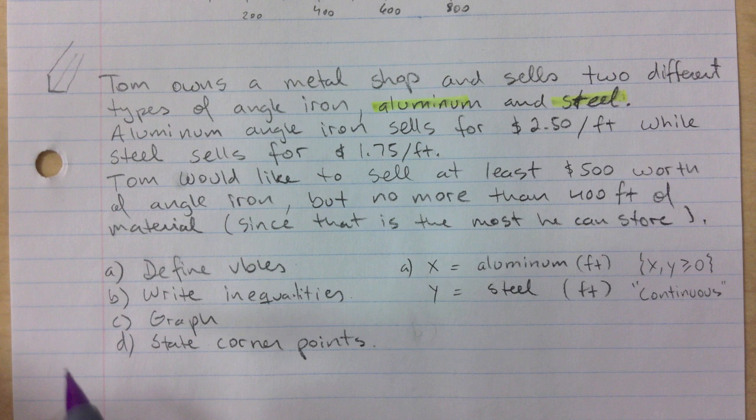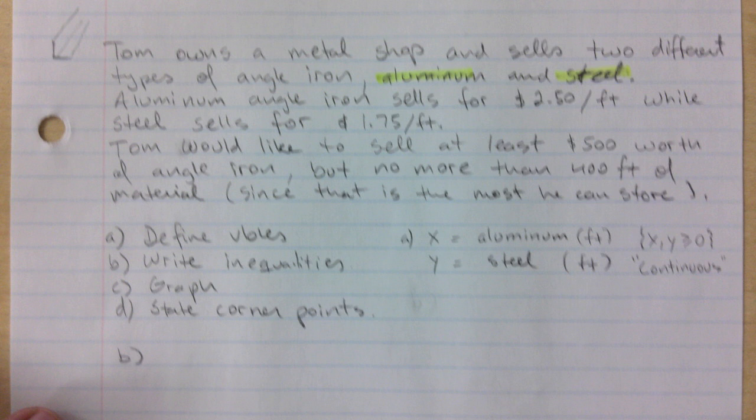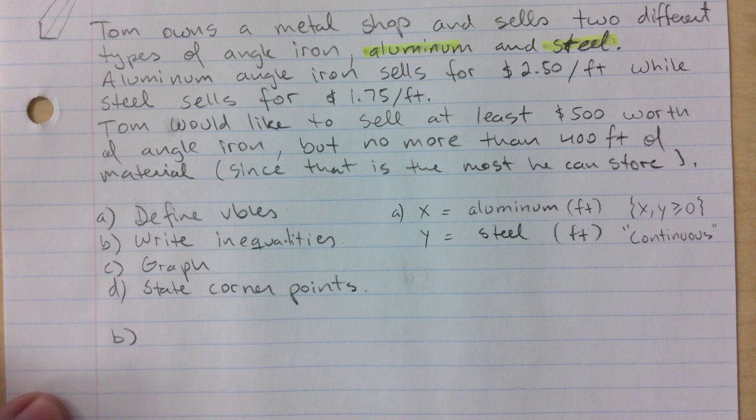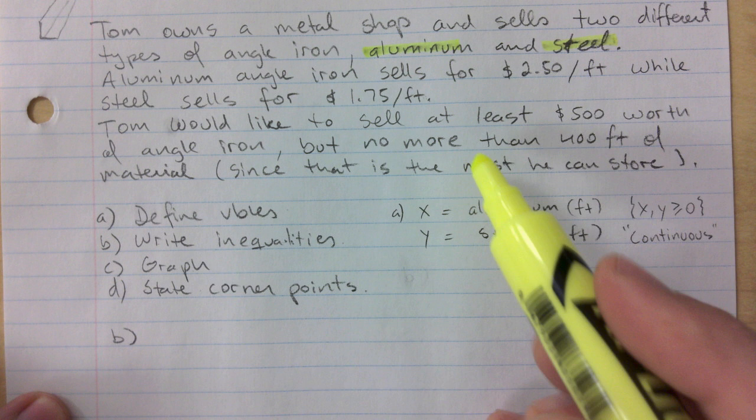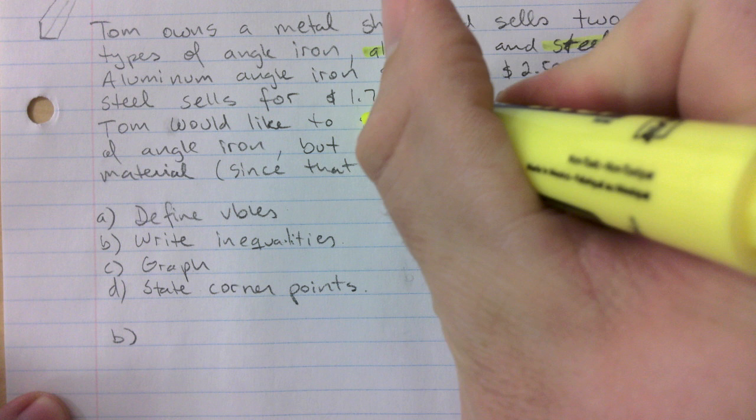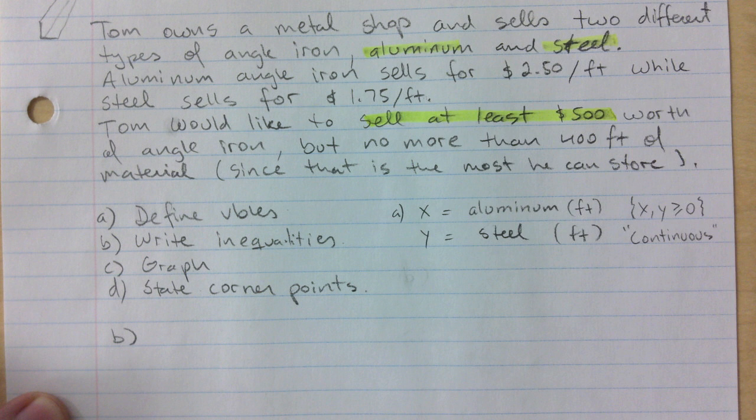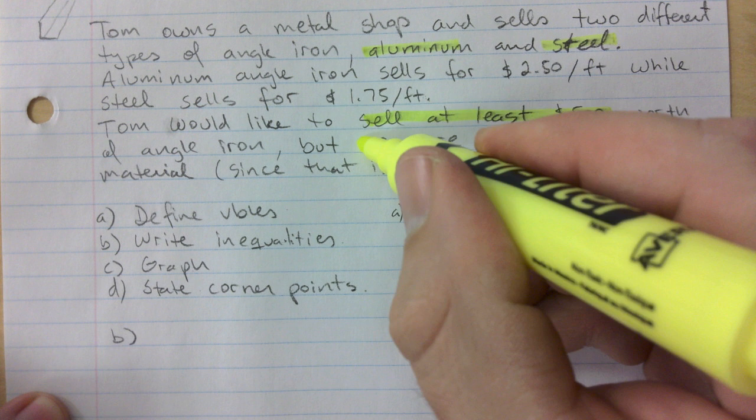Write inequalities. To write inequalities, you have to find restrictions placed on you. Tom would like to sell at least $500 worth of angle iron, but no more than 400 feet of material.